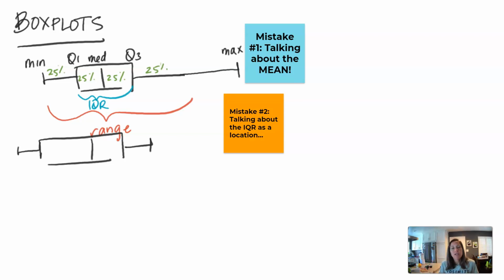We did have a number of questions in Knowledge Check 3 where I gave you a sample size. There were 280 values in that sample. So 280 things were represented in your box plot, which means 25% roughly, you kind of squint at it, because technically some of the things are falling at exactly Q1.